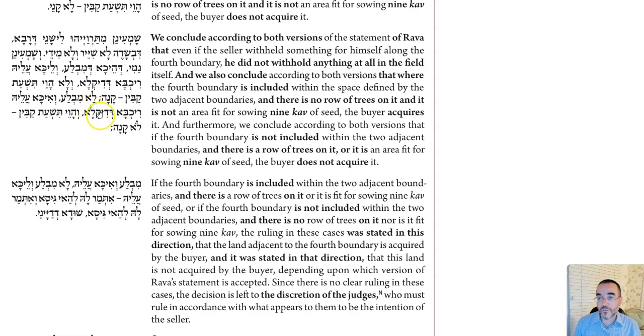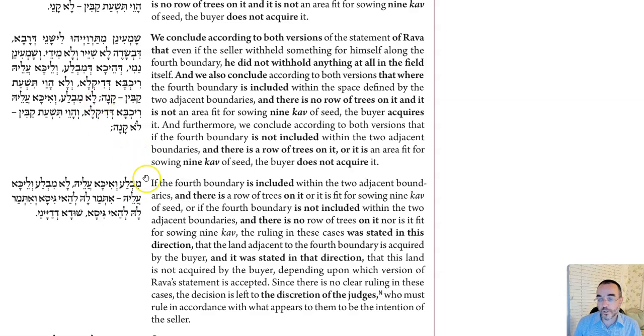And on the other hand, if they have the opposite of those two, if it's not subsumed, sticking out, and also there is on it either a row of trees or it's big enough to plant 9 kav of seed, then that would definitely be excluded from the sale. The seller wants to keep that for himself.